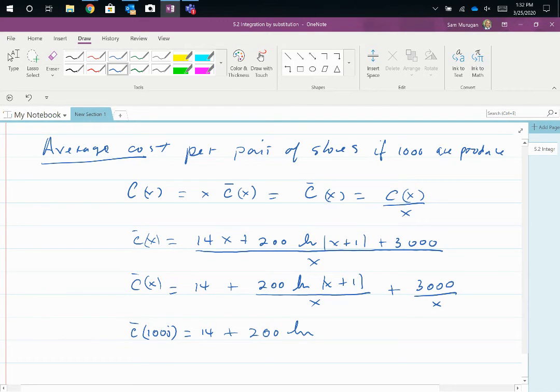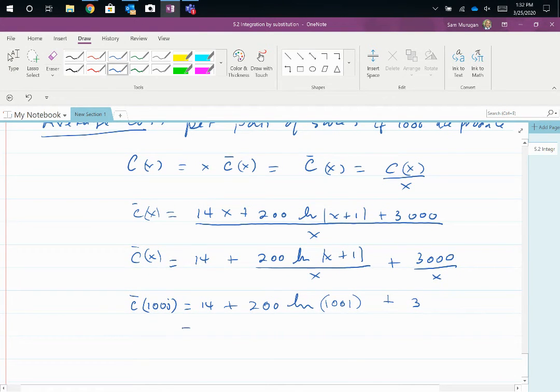Okay, the logarithm of x plus 1, where x is 1,000, so 1,001. The absolute value is positive, so 1,001 is not negative, plus 3,000 divided by 1,000, which is 3. So this actually simplifies to 17 plus 200 logarithm 1001.